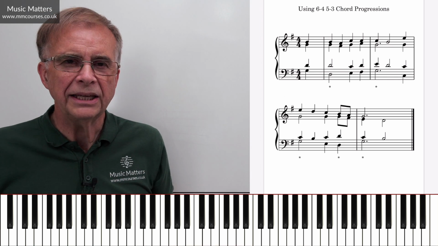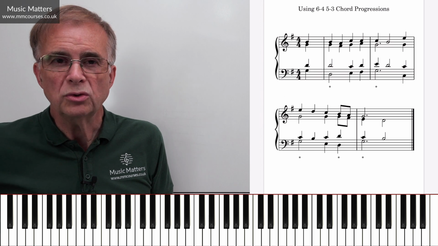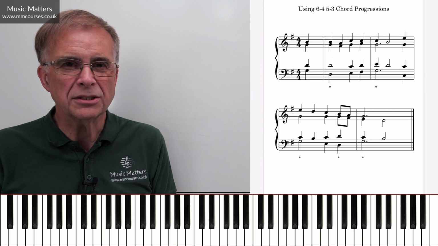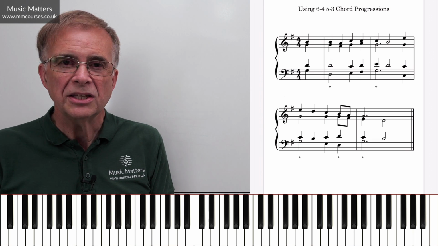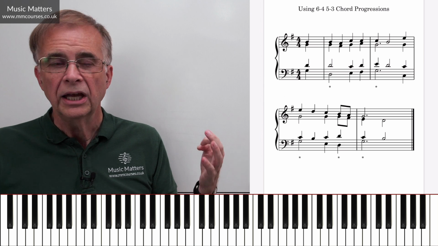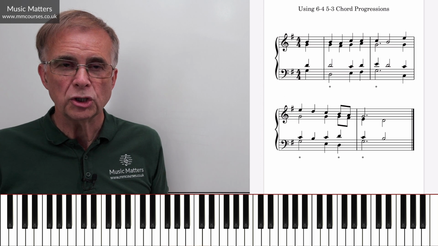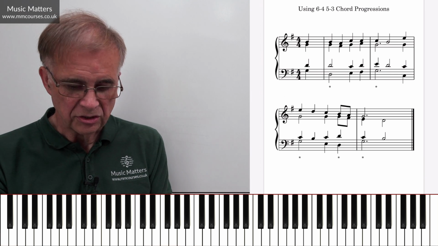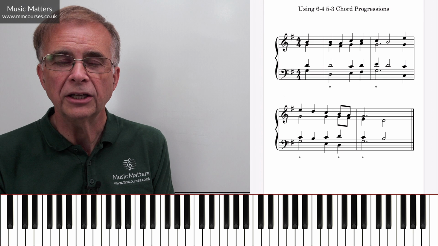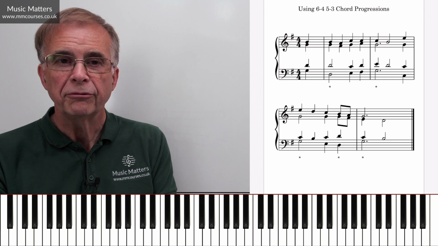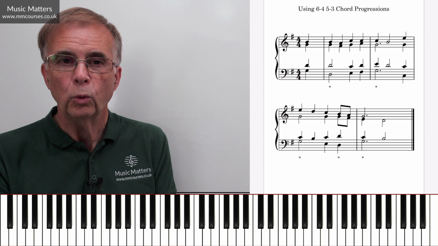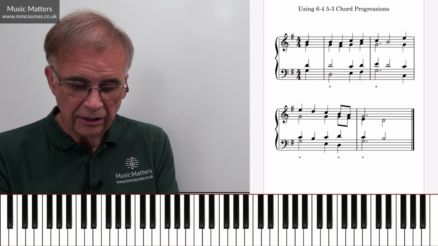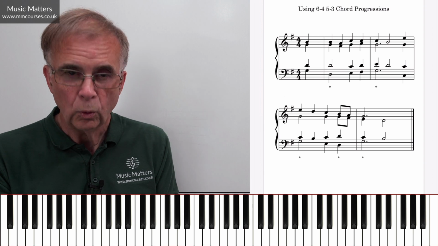There are other places in which you can use the second inversion chord. These things we call the passing 6/4 chord, for example. This is when, for example, you might use a chord 5 in second inversion between chords 1 and 1 in first inversion. So sticking with the key of G major, if I go 1 in root position, 5 in second inversion, 1 in first inversion, or the other way around, 1 in first inversion, 5 in second inversion, 1.